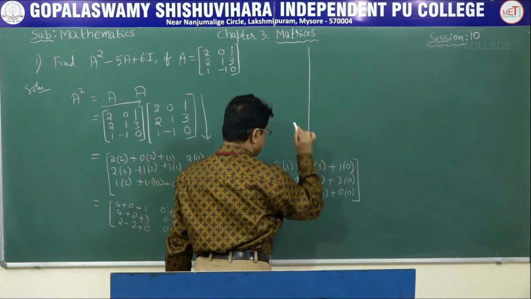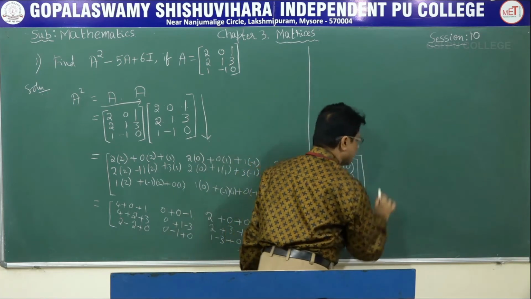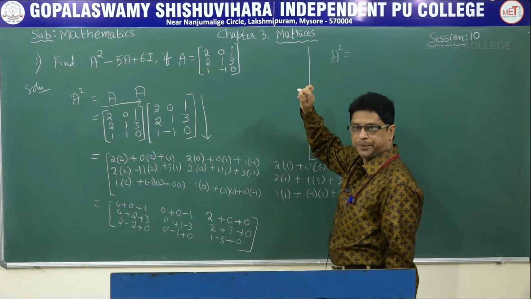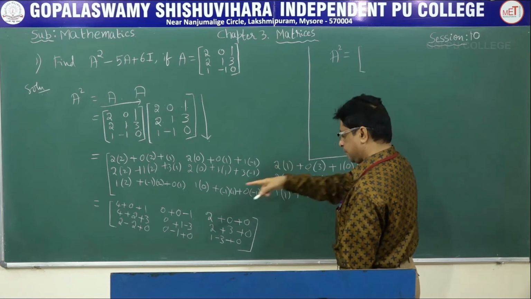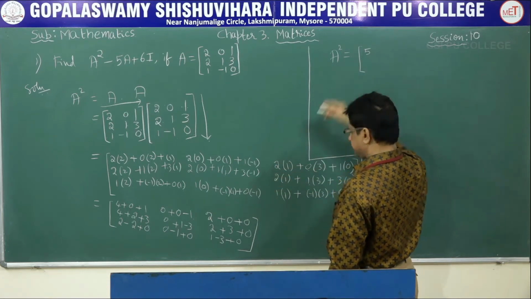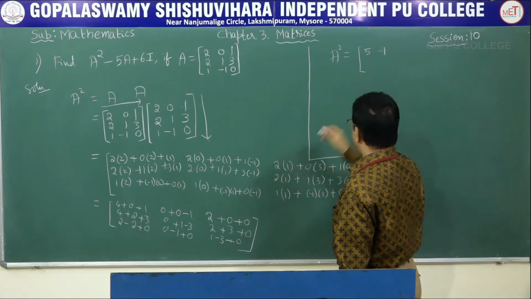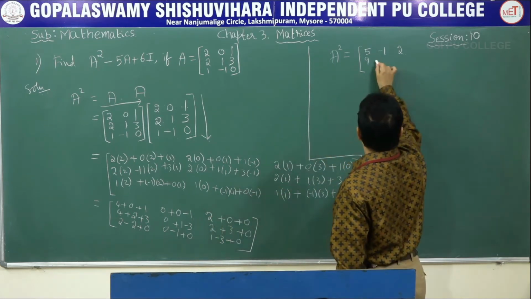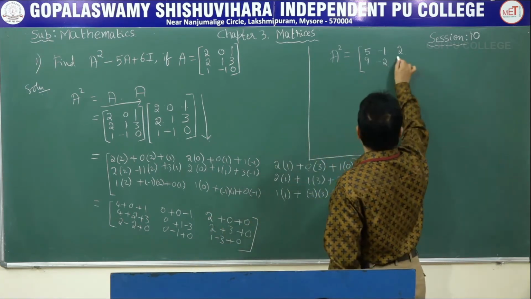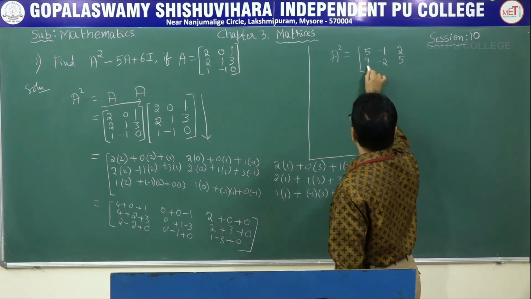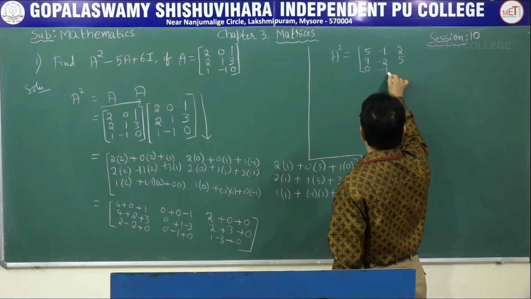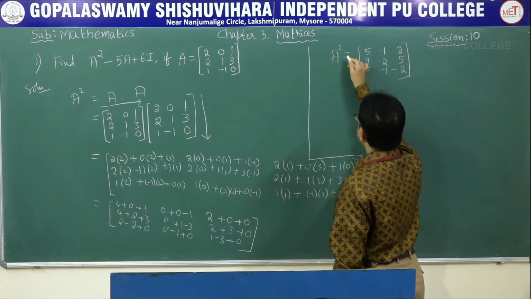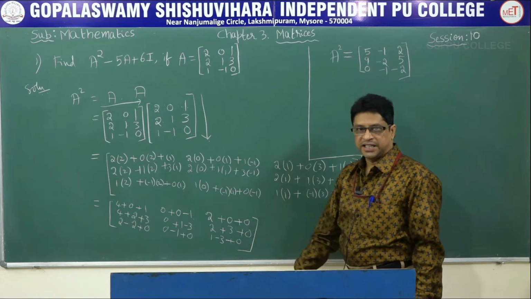So we get a square will be equal to 4 plus 1, 5, minus 1, 2 plus 3, 9, 1 minus 3, minus 2, 2 plus 3, 5, 2 minus 2, 0, minus 1, 1 minus 3, minus 2. So, we got the value of a square.